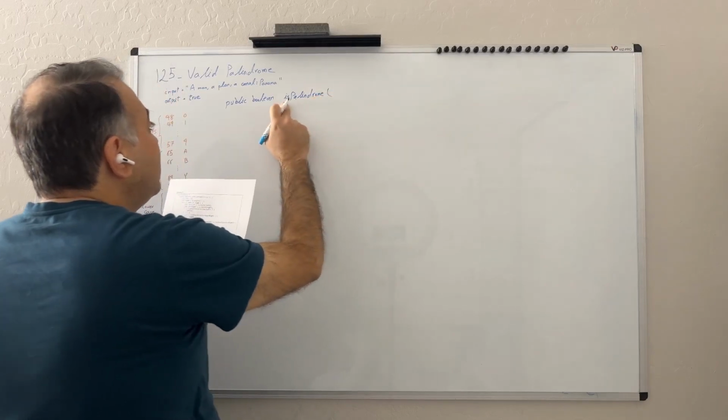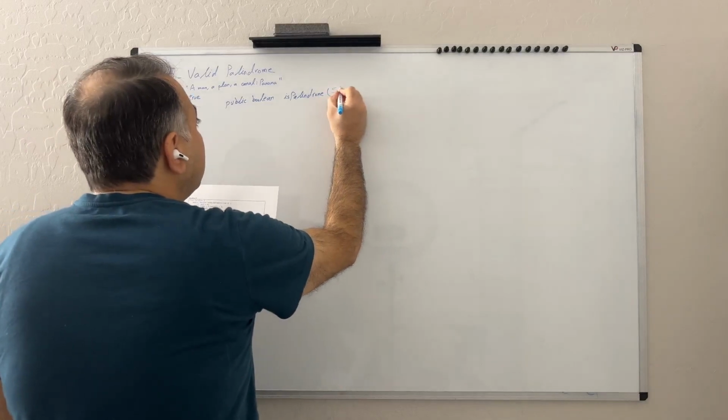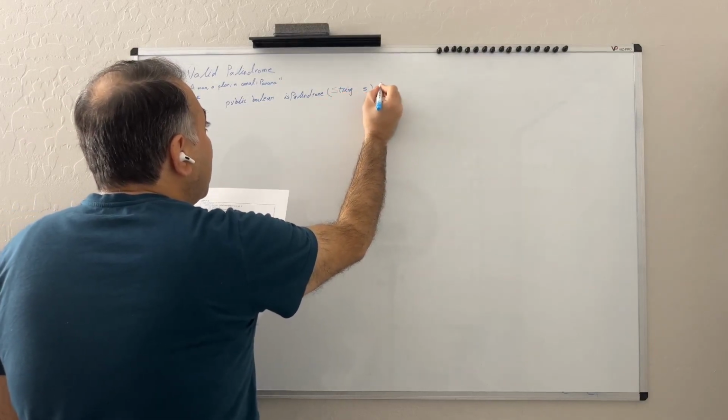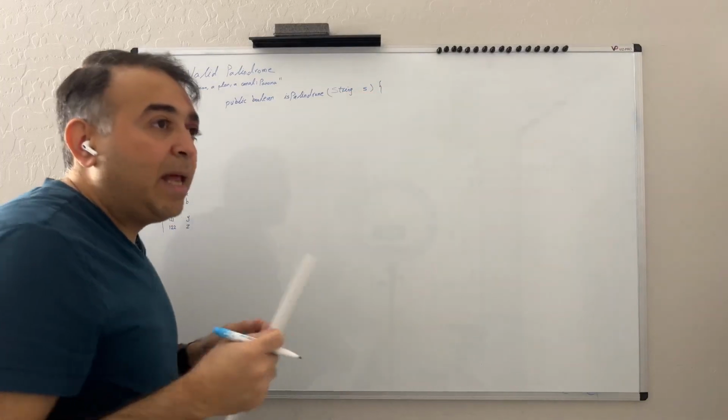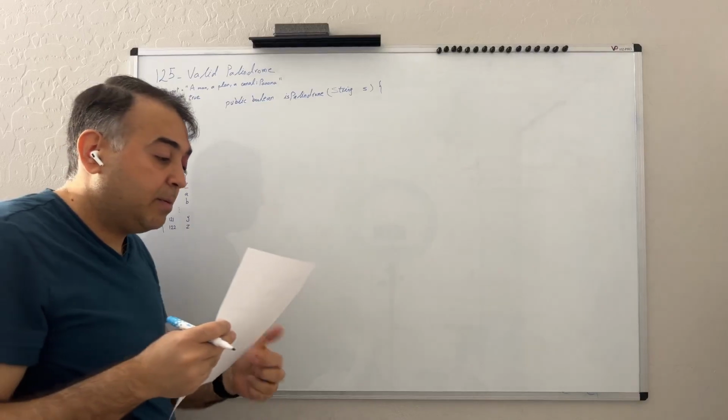As you see, I named this method isPalindrome, and it receives the string s as an input, and if s is a palindrome, it will return true. In the other case, it will return false.